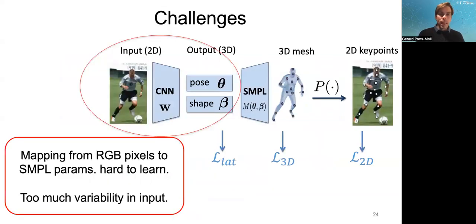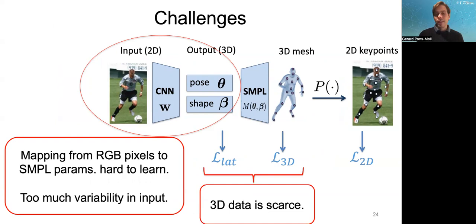So again, this idea of simplifying the image into semantic segmentation comes from the fact that RGB images contain lots of variability. And so it makes sense to abstract the appearance away. And the other problem that is addressed is that the 3D data is scarce.